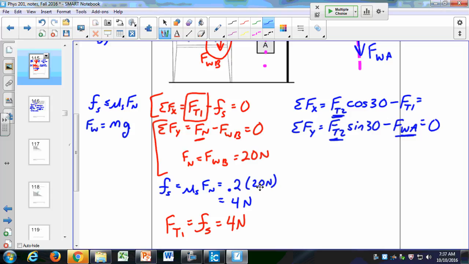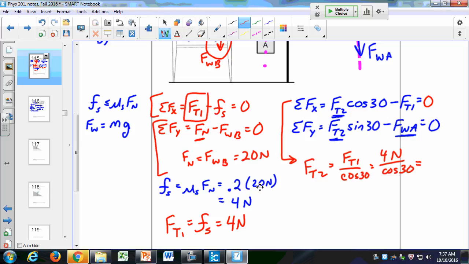All right, so to solve this for Ft2, Ft2 equals Ft1, this is equal to 0, divided by cosine of 30. That is 4 newtons over cosine 30. And then that's equal to 4.6 newtons.